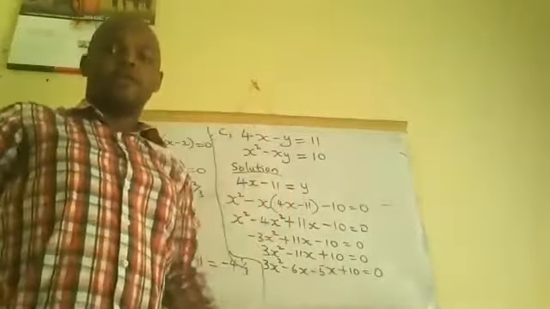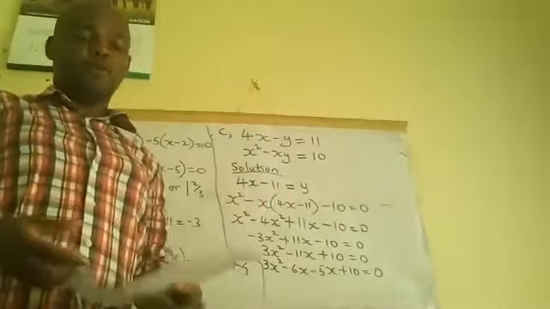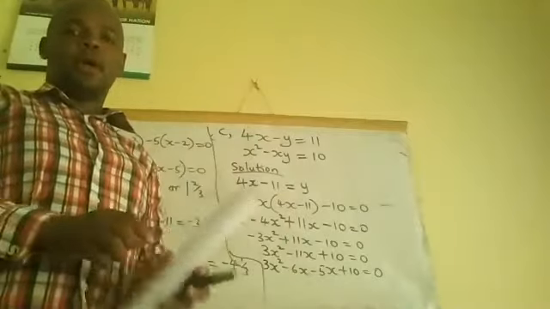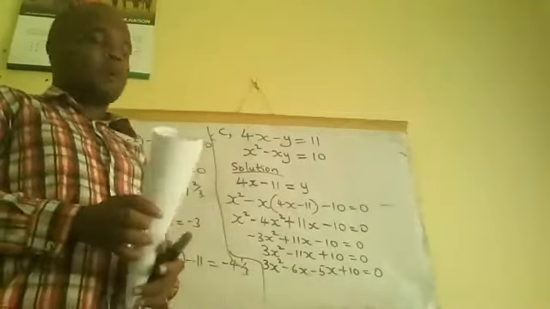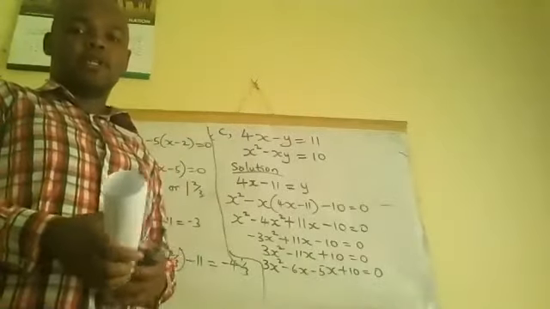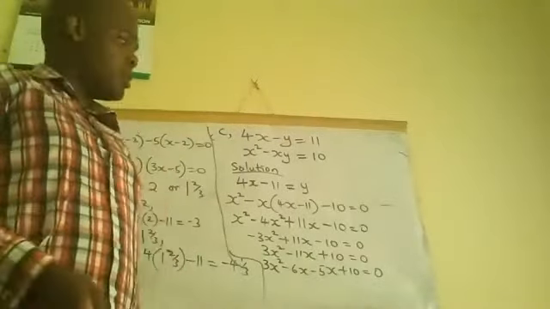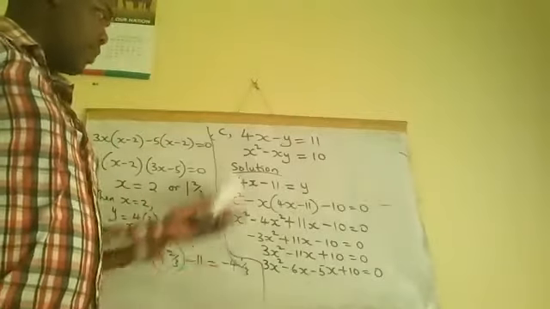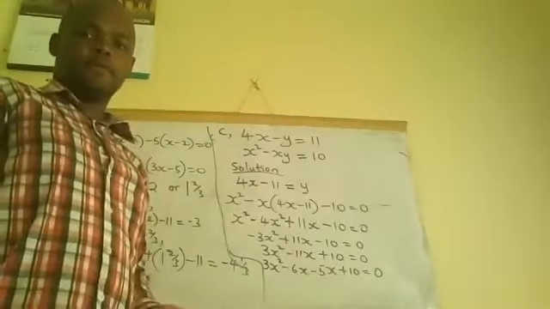Now I want to do something very, very new, so that at least you not only understand quadratics, but you understand something else. So I hope you have written all this.